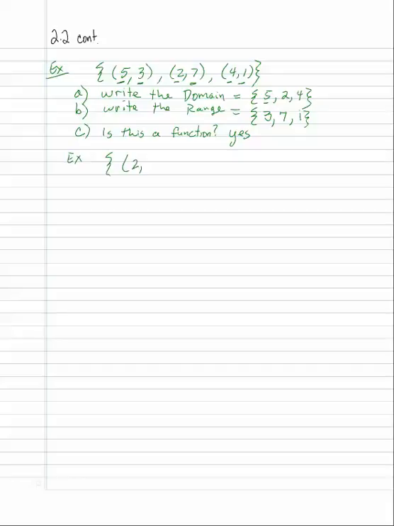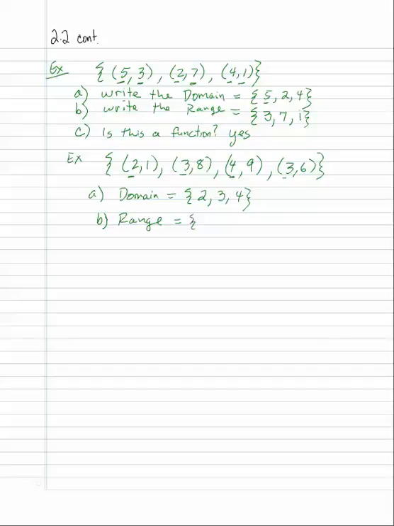So if I had (2, 1), (3, 8), (4, 9), (3, 6), domain would be, again, it's just the x elements, 2, 3, 4, and then you don't have to write a repeat, so 2, 3, 4. And then the range would be the y's, 1, 8, 9, and 6.